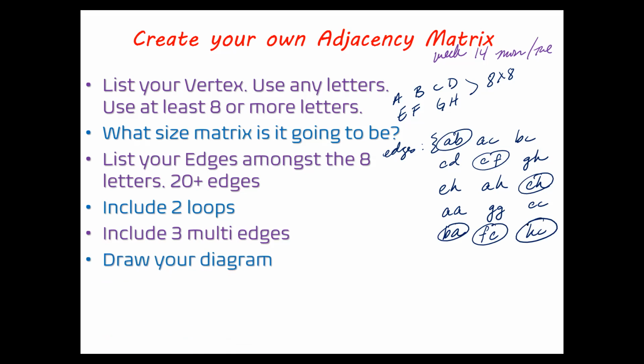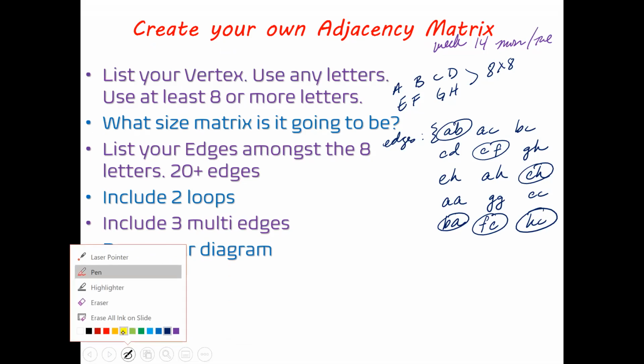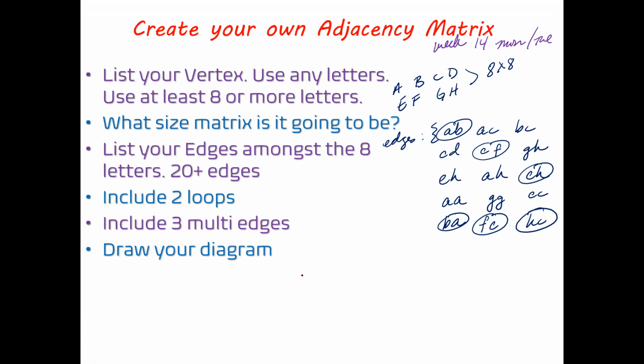And then draw your diagram. Okay, so I'm going to draw my diagram. I'm just going to draw all of mine in a line, which is going to be absolutely crazy. So A, B, C, D, E, F, G, H. There's my 8.